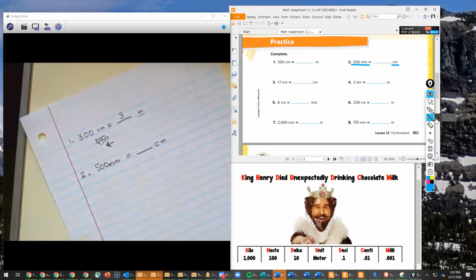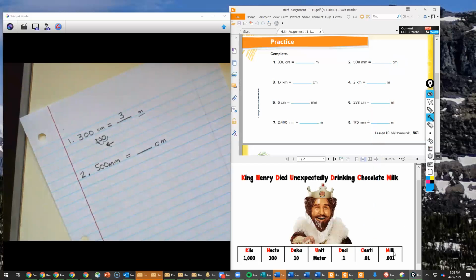I see that my first unit of measurement that I know is millimeters, so I'll go find that on my chart. Oh, there's milli right there. So I'll use that to see where I'm going to be starting, which is right here at millimeters. And my unit of measurement that I'm moving to is centimeters. So I'll be moving just 1 over to centimeters.